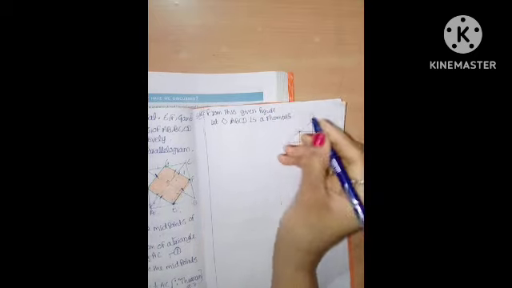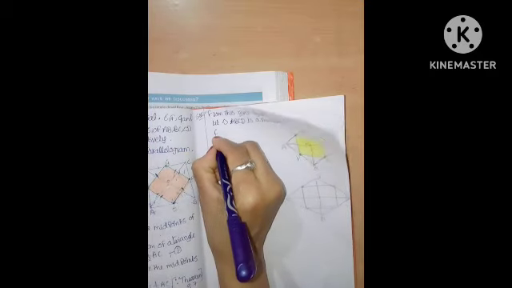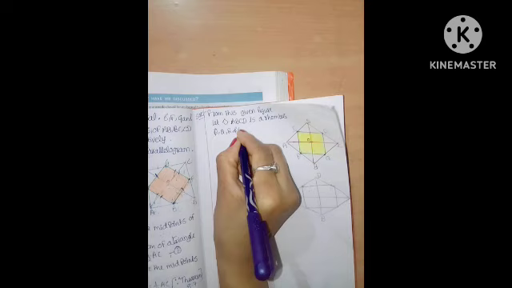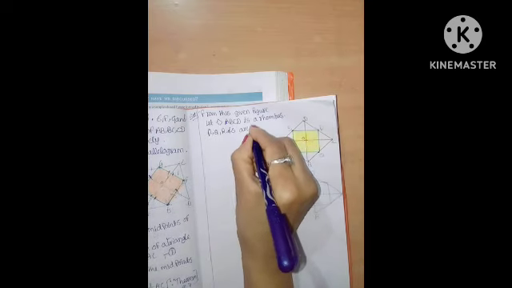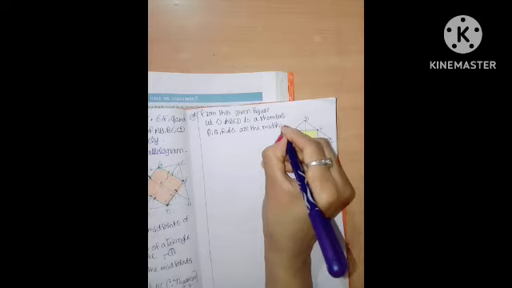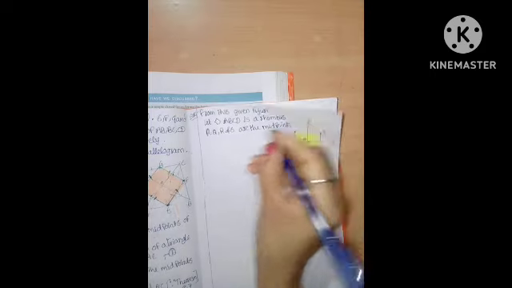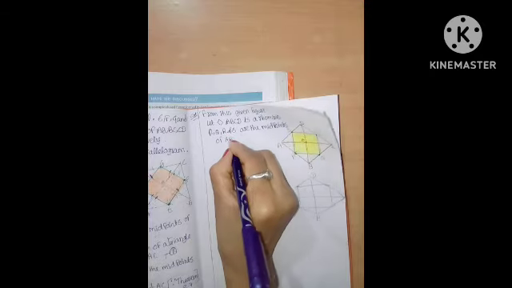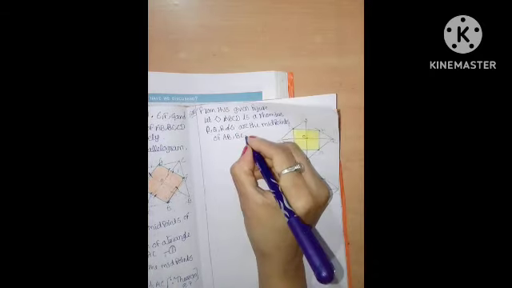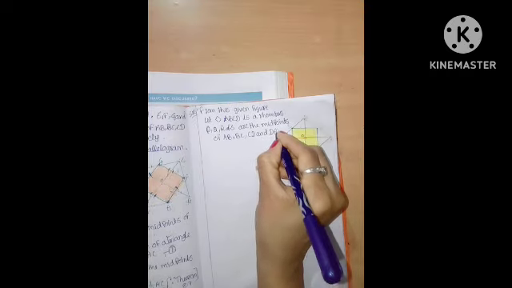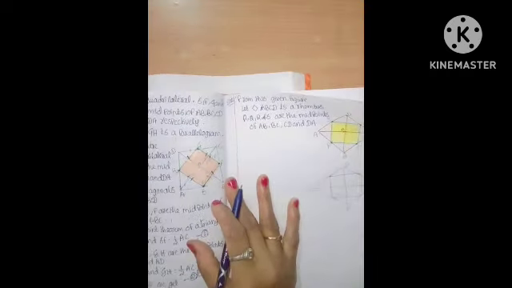And P, Q, R and S are the midpoints. Midpoints of sides, Gagan Sai? Yes, midpoints of the sides AB, BC, CD and DA respectively. Are you clear?